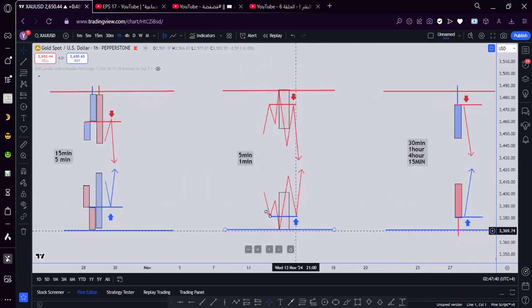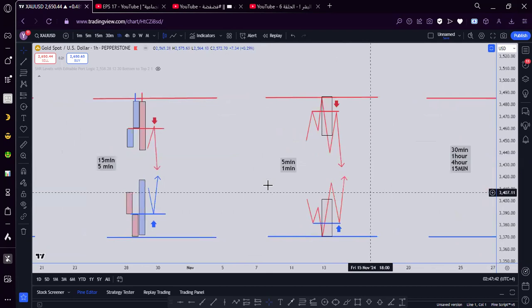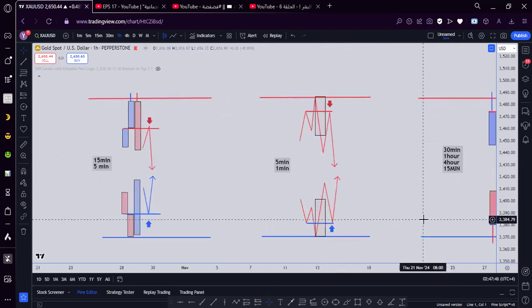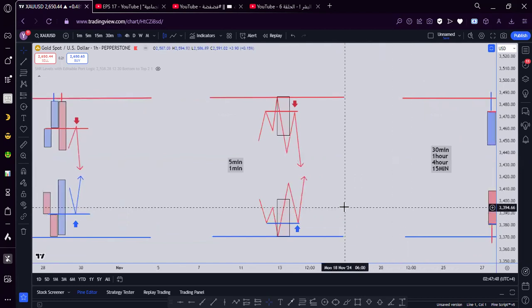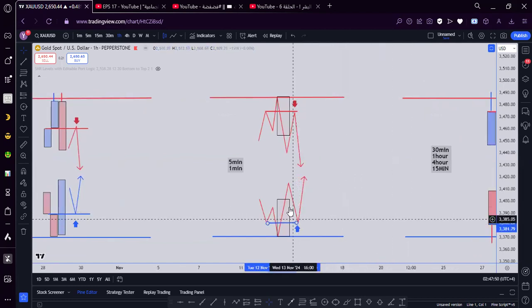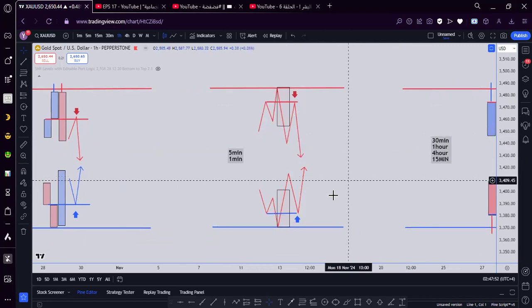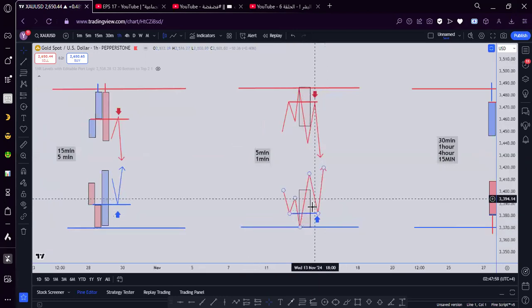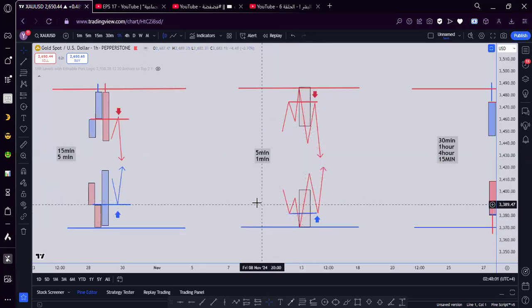The same with the bullish KM on the 5-minute or 1-minute left shoulder on your KM pattern. You can also enter from your engulf candle, and your stop loss is under this apex, or near to it.